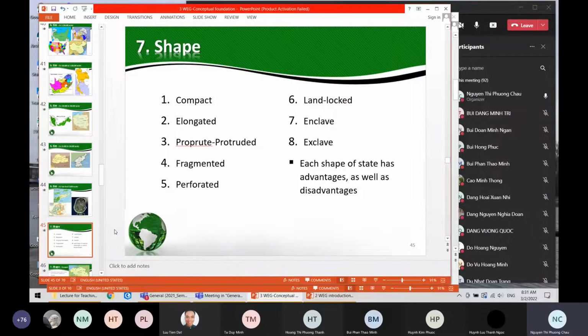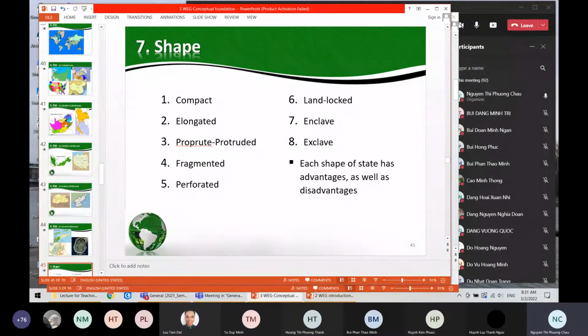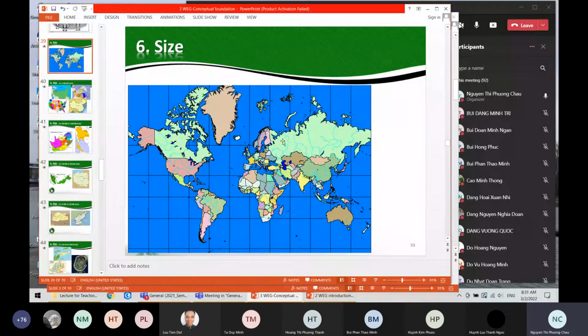About the shape of nation, as we can see, every nation has a border, the territoriality, and the border forms the shape of the nation. We can see that there are many forms, but these forms have something related to the condition of the national economy.